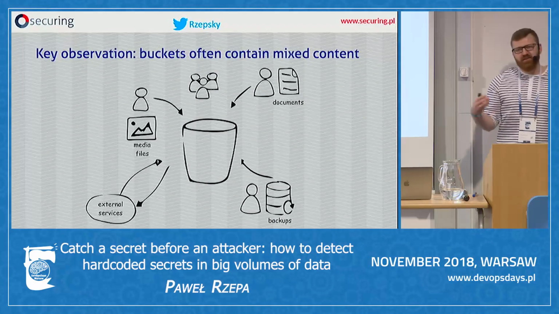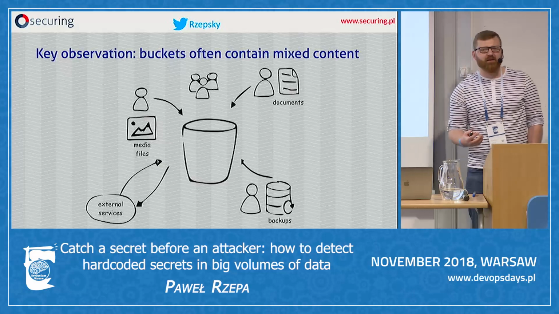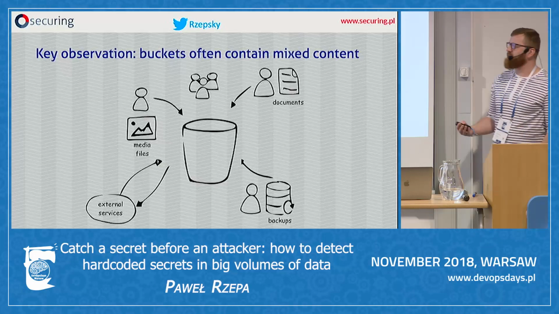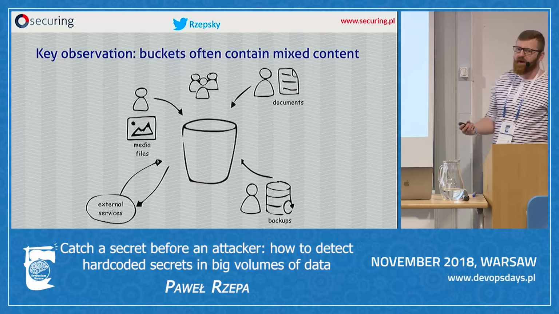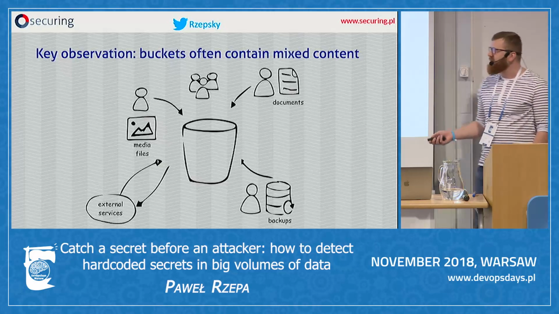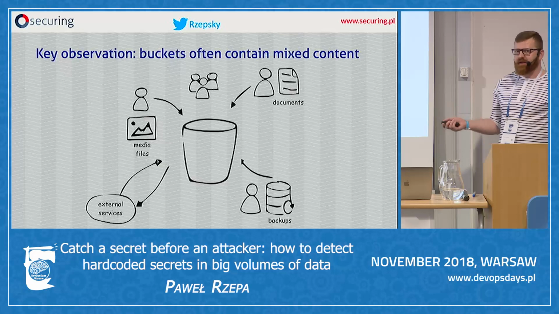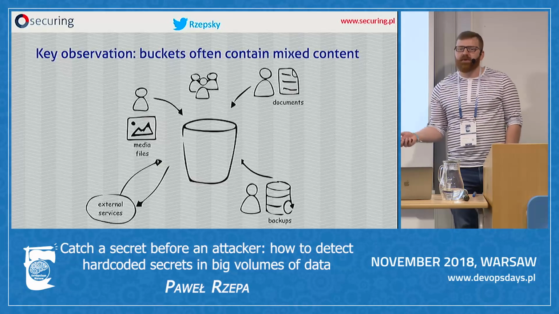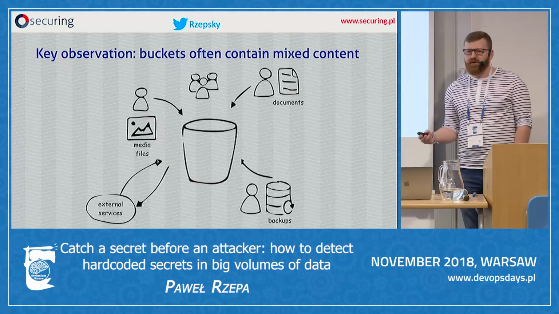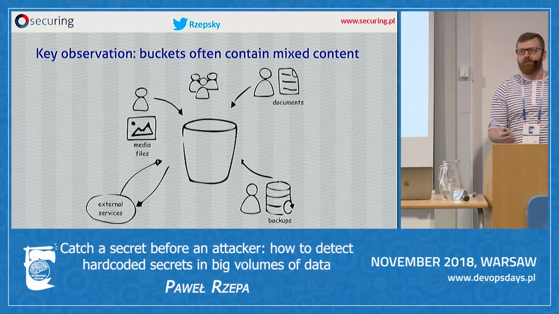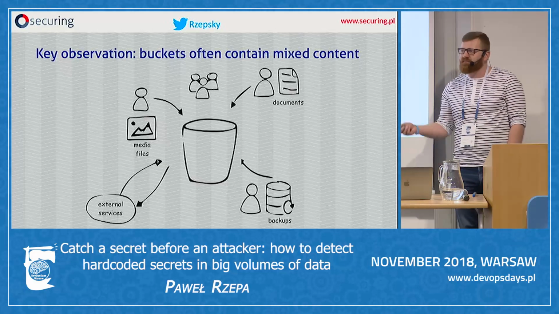And I've started analyzing it manually, and what was shocking for me is that most of these publicly available buckets contain mixed data, which I don't understand, because when you use Simple Storage Service, you are not paying for the number of buckets, but for the data you store.